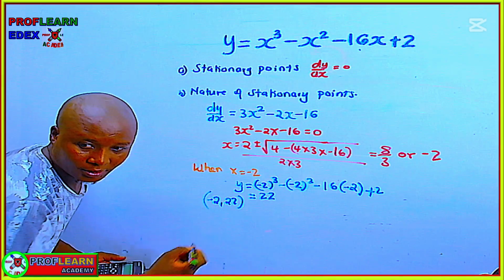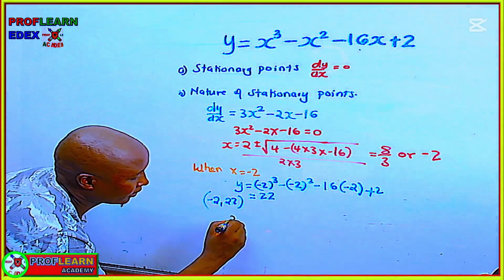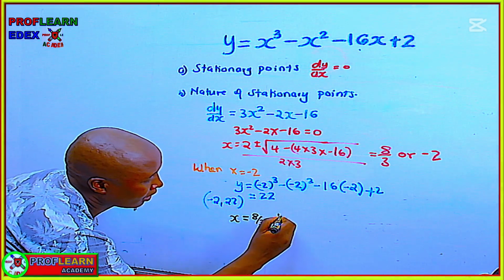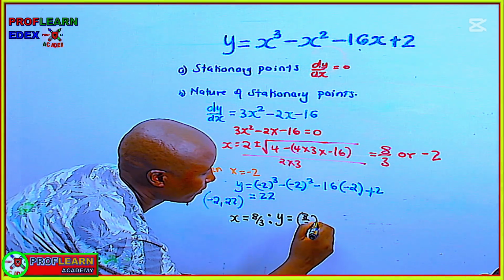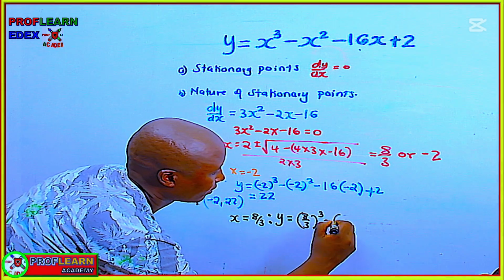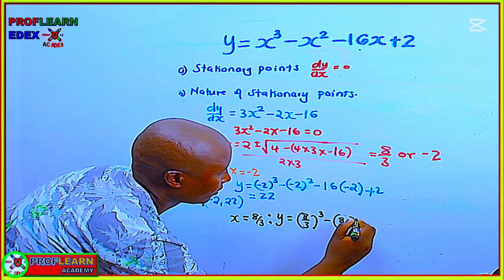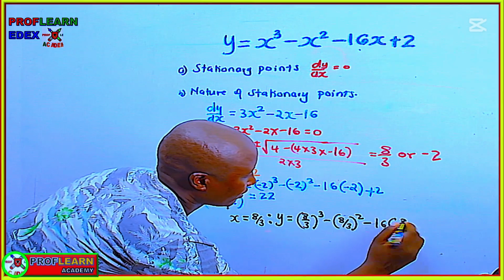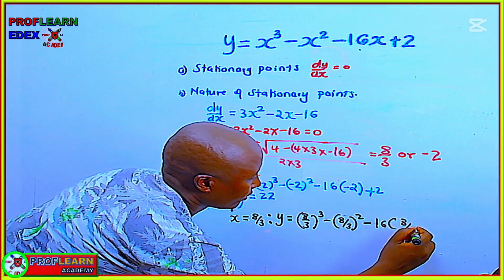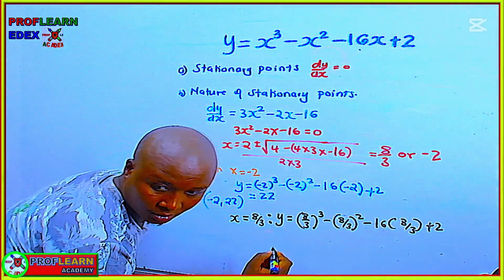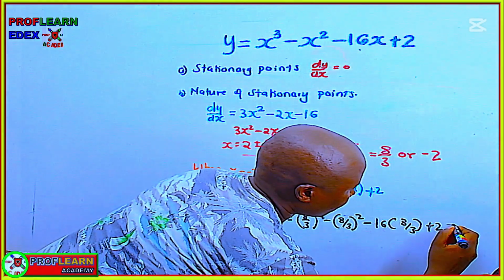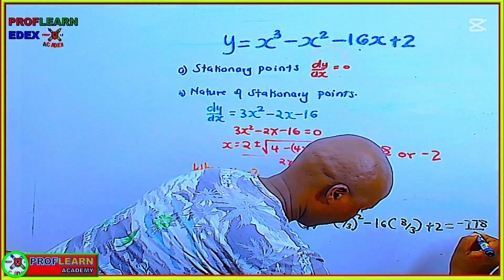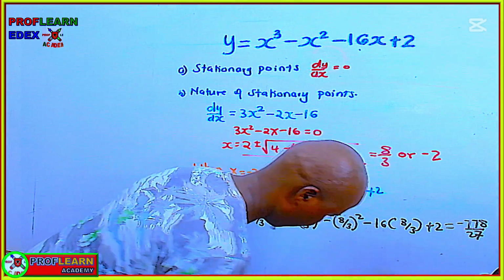Then we can also say when x is equal to 8 over 3, our value of y is 8 over 3 raised to power 3 minus 8 over 3 squared minus 16 times 8 over 3, which is equal to negative 778 over 27.